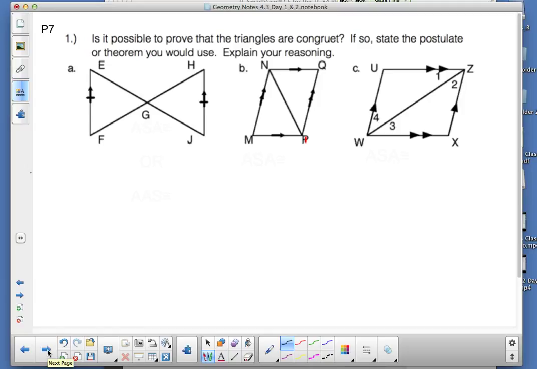Because they're parallel, this angle and this angle are congruent. Because they're parallel, this angle and this angle up here are congruent because they're both sets of alternate interior angles. Because those segments are congruent, I have angle, side, angle. Are there any questions about that? Did anybody do something else?